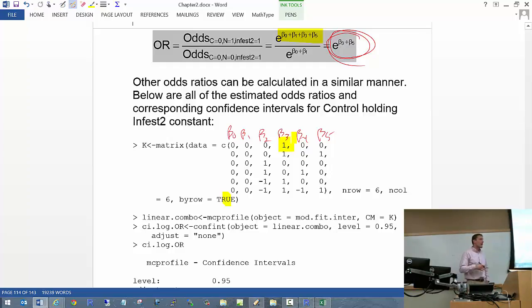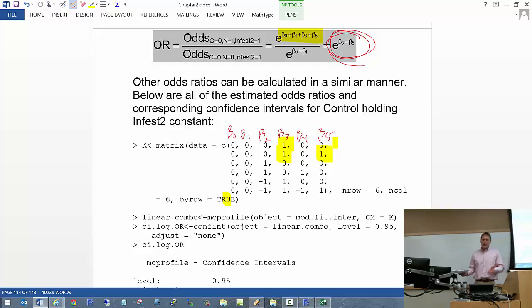When I find now my second odds ratio that we just talked about that had beta 3 and beta 5, I specify a 1 for the beta 3, beta 5 column. On your own, you should try to look at all the other combinations of these odds ratios.